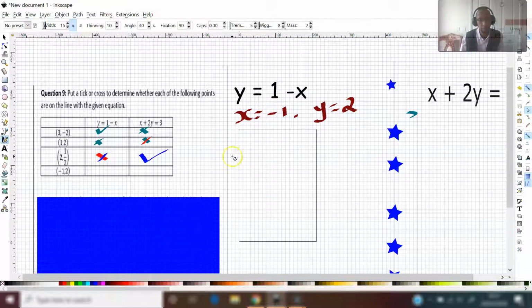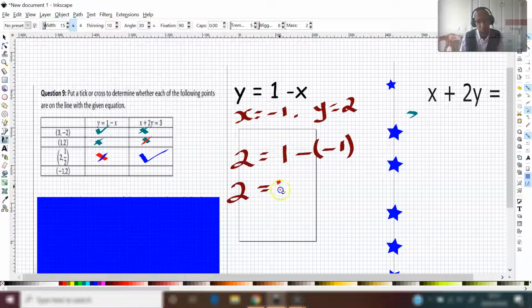Let's plug those points in. So we have 2 equals 1 minus negative 1, and that's going to be a positive. So 1 plus 1 is 2. Therefore, this is correct because they both equal. So that means those coordinates are on the line.